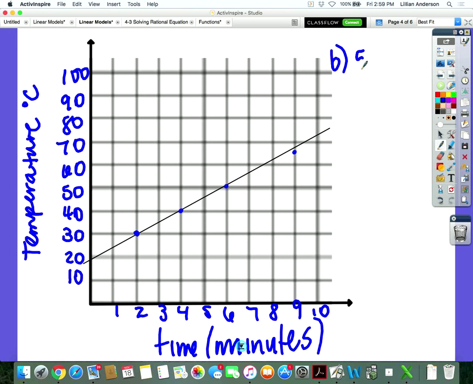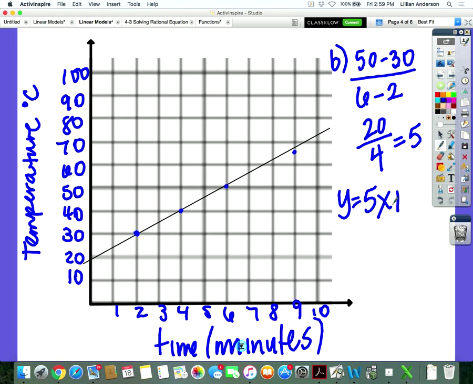That's going to be 50 minus 30 over 6 minus 2. What's 50 minus 30, and 6 minus 2? 20 over 4. My slope is 5.